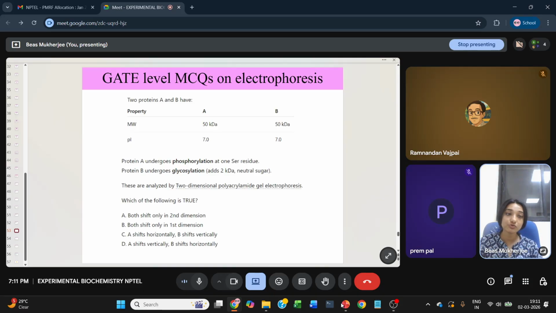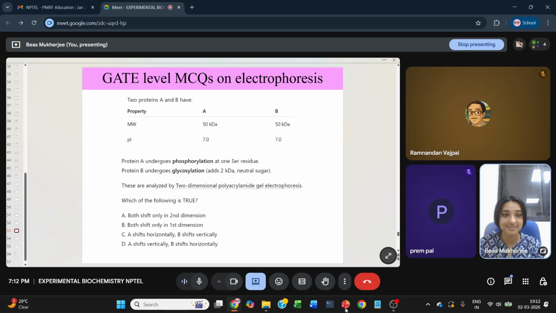So that means there is no change in charge, but there is change in mass. So what is going to happen? They are analyzed by 2D gel electrophoresis. Which of the following is true? So both shift only in second dimension, both shift only in first dimension. A shifts horizontally, B shifts vertically, A shifts vertically and B shifts horizontally.